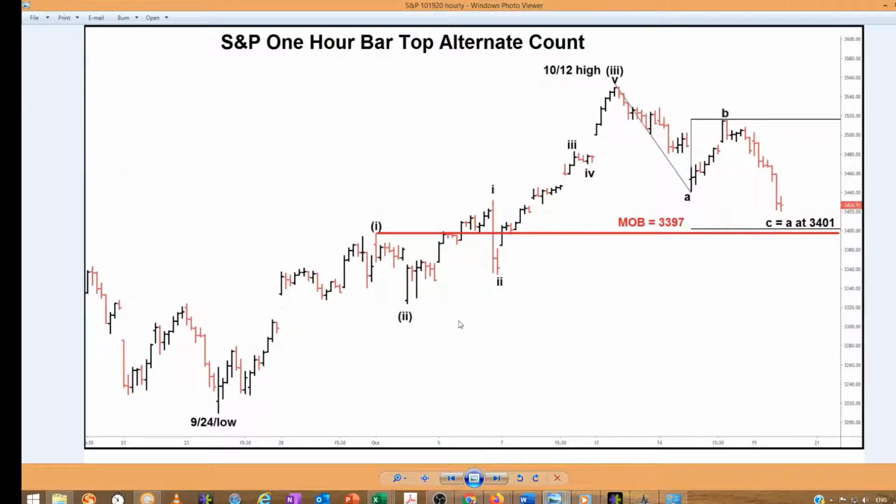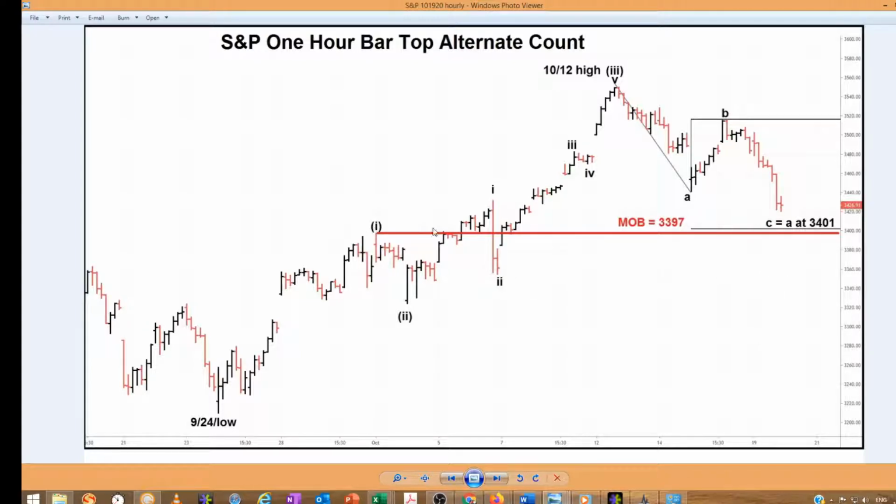And here's our top alternate count. And here's the 9/24 low. You can see we've got 5 waves up here for 1, a wave 2, and then again there's that internal wave count for 3, and there's the A, B, C correction. Again, that tight range, 34.01 to 33.97. That is our make or break point. Okay, if it goes below there, it's a much bigger decline.